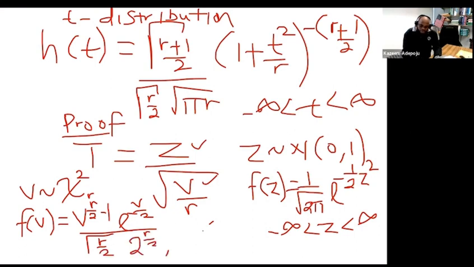And of course, the range of v is from 0 to infinity. Now, when you take a look at what I have, in statistics, just like what I used to tell people, there's nothing new on that.